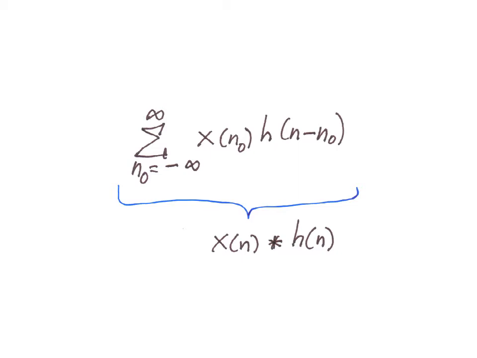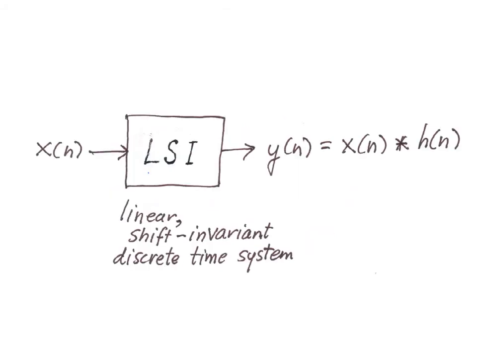So this is the convolution sum. And we've just proven that when you drive a linear shift invariant system with a sequence x of n, the output y of n will be the convolution product of the input sequence x of n and the impulse response of that system.